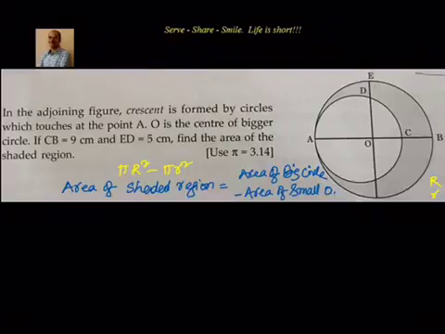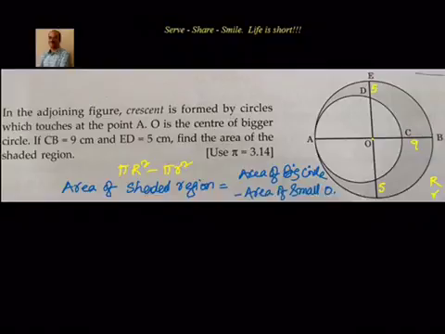For that, we will leverage whatever is given to us. We know that O is the center of the bigger circle, CB equal to 9 centimeter and ED equal to 5 centimeter. If ED equal to 5 centimeter, then this is also equal to 5 centimeter.